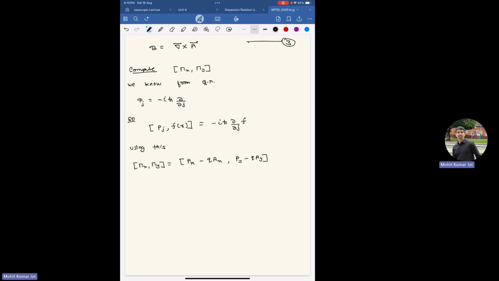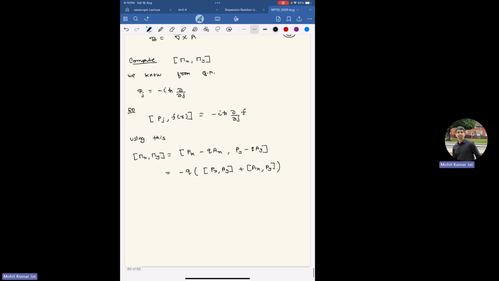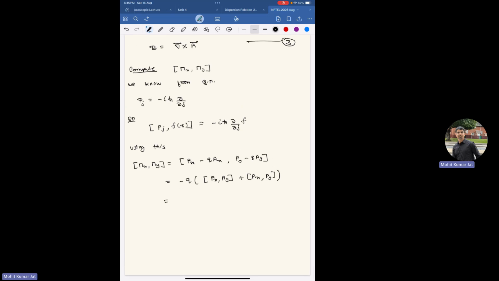We know that px and py commute, so they will go to 0, and the only terms which will survive, you can do this small mathematics part, will be px with Ay and Ax with py.